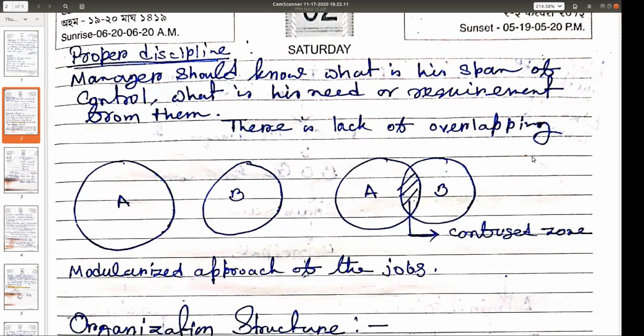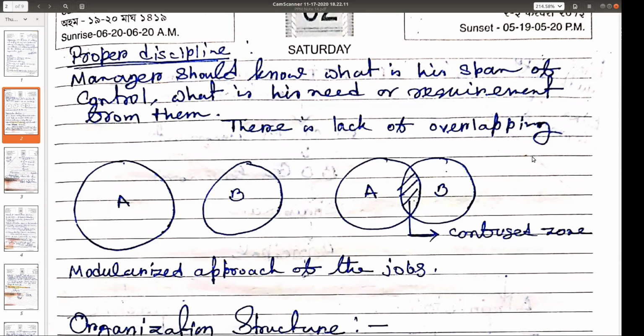That particular person, that particular team, will be dedicated to that particular portion of the job. They will not think about what another team or another person is doing. So that is basically the modularized approach to the job.